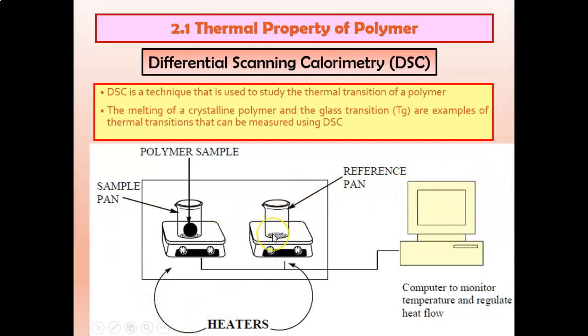The reference pan we leave blank, and the sample we put in the sample pan, and the sample will be heated at a heating rate of 2 degrees C and above, and the result and the graph will appear on the monitor.